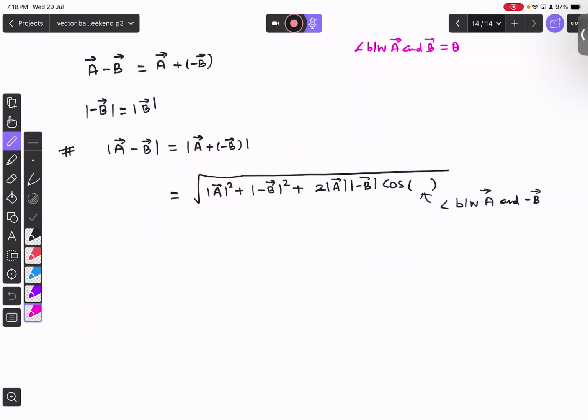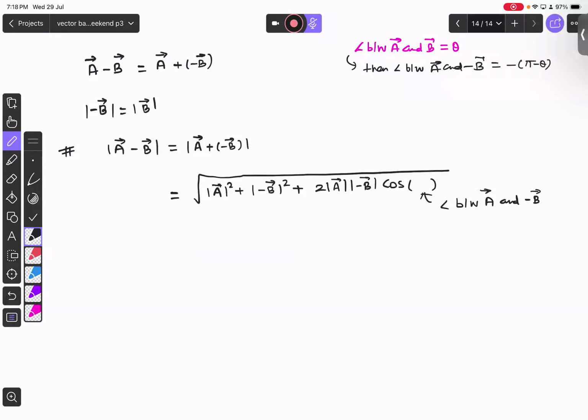If the angle between A and B is theta, then the angle between A and minus B will be minus of pi minus theta.